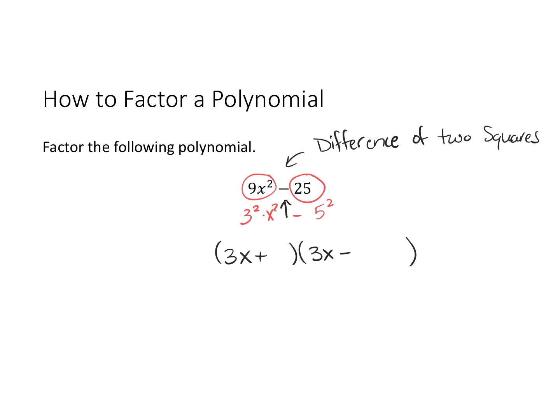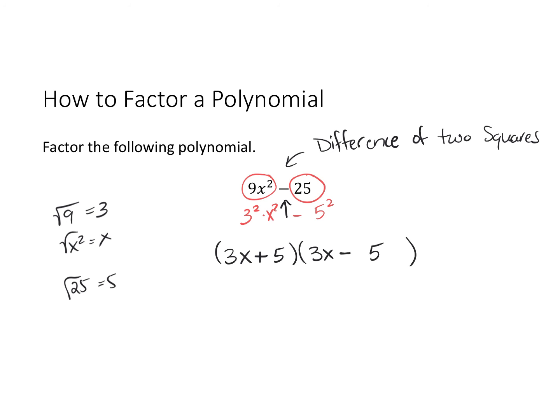The square root of 9 is 3, and the square root of x squared is x. So when we take the square root of the first term, we write it down as 3x. And then because it's a minus sign, we're going to do a plus and a minus in the factor pair. And then you take the square root of 25. Square root of 25 is 5. So then we write that as a part of the factor.